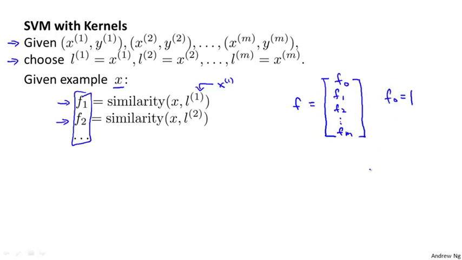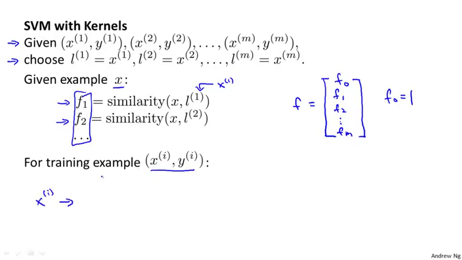This plays a role similar to what we had previously for x0, which was our intercept term. So for example, if we have a training example xi comma yi, the features we would compute for this training example would be as follows. Given xi, we would map it to f1i, which is the similarity.